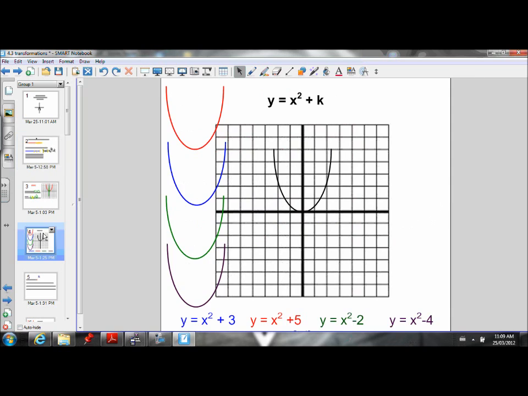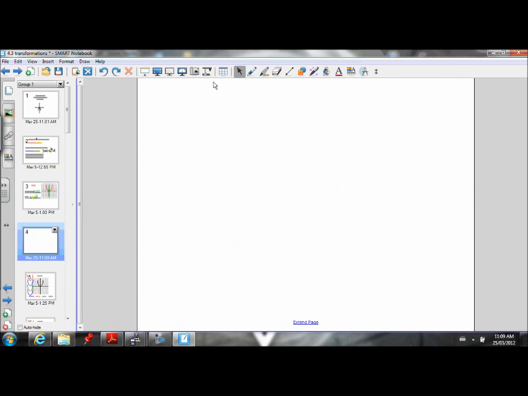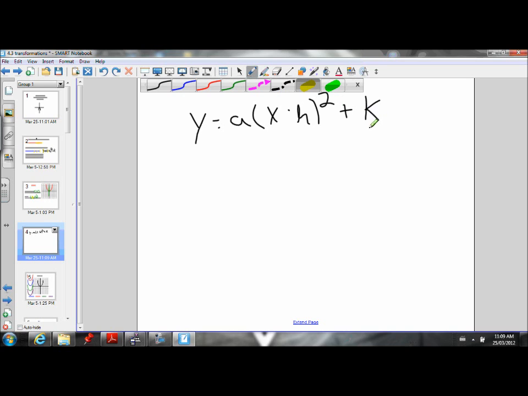So what we are going to do in order to make that happen, let me just rewrite our equation here. The equation of our parabola is y equals a(x minus h) squared plus k. We only want to figure out what varying the value of k does to the parabola.